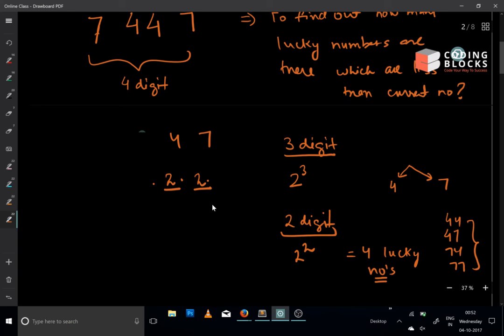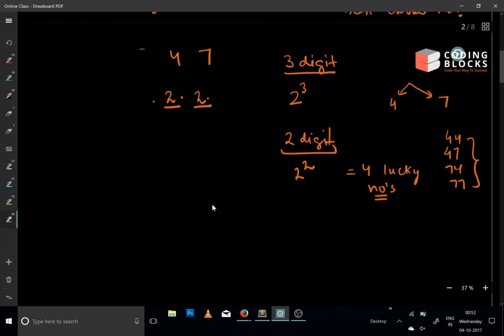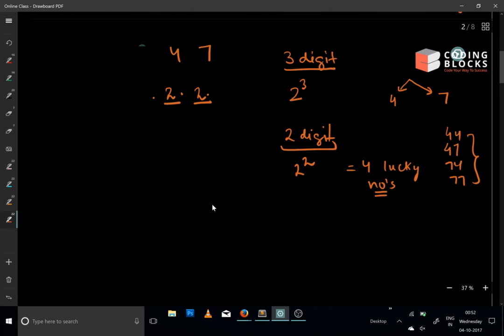These are the 2-digit lucky numbers. Let me remove another digit. I have only one place left. Here I can place 4 or I can place 7. So how many 1-digit lucky numbers are there? There are only 2 numbers, 2 raised to the power 1, and these numbers are 4 and 7.